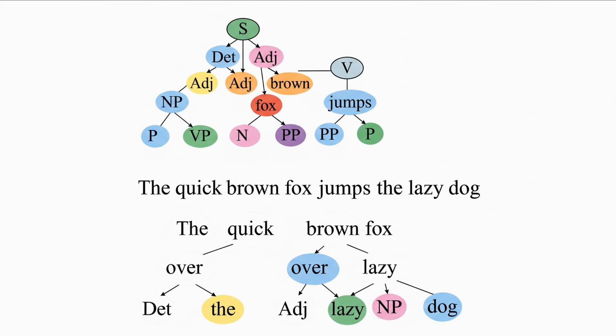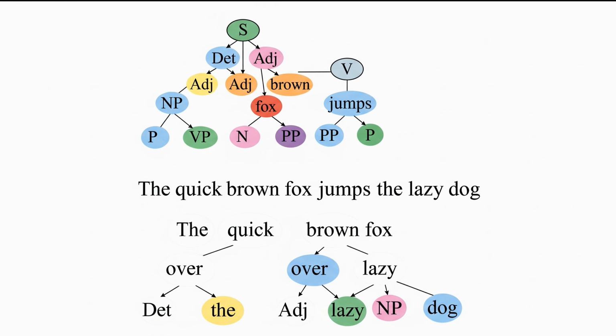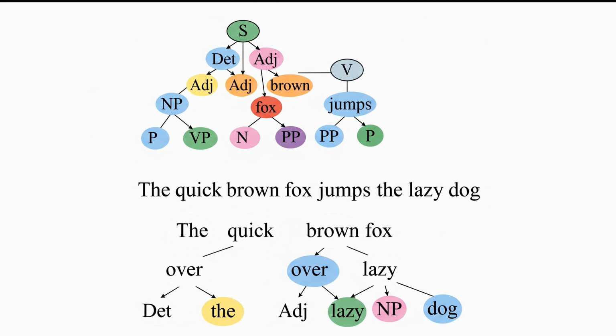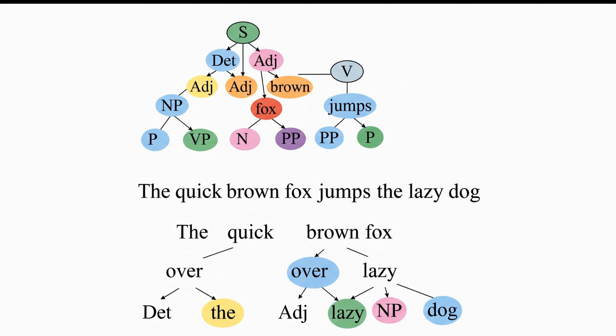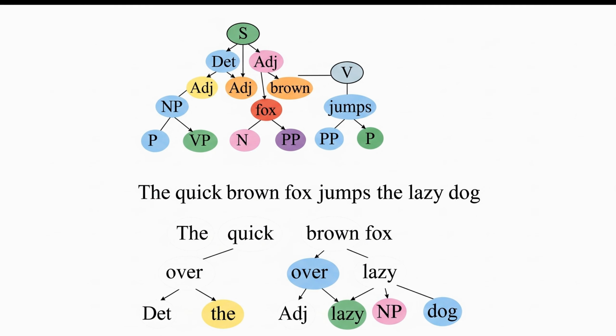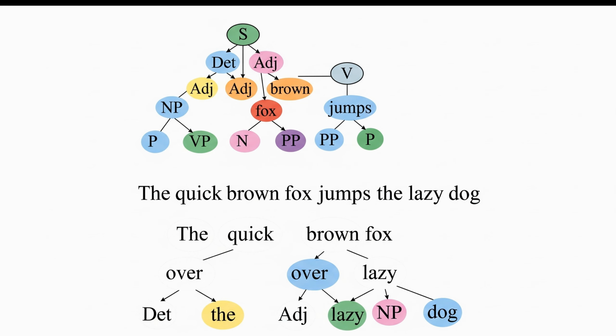Now, syntax, the rules that govern sentence structure and word order. Syntax answers questions like, which words depend on which others? Dependency and constituency parsers live here. Syntax helps with tasks such as machine translation, information extraction, and question answering by revealing grammatical roles, subject, object, modifiers.